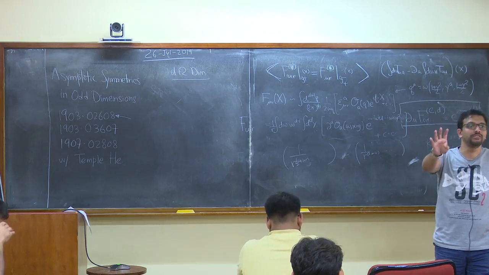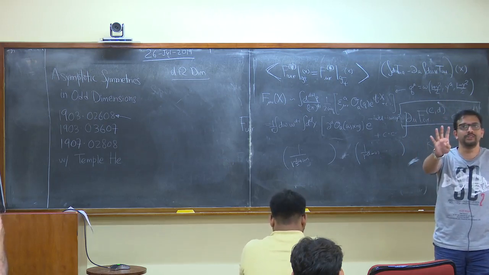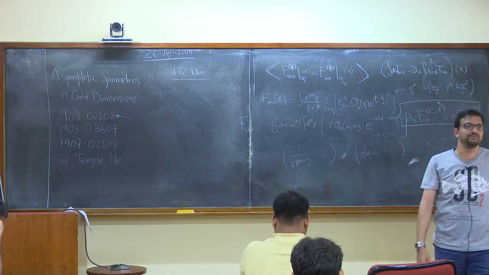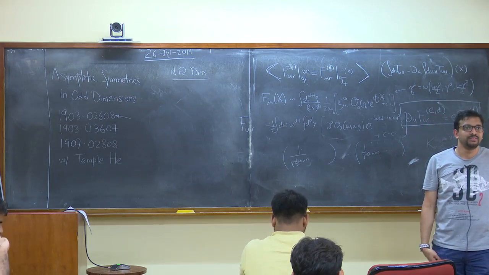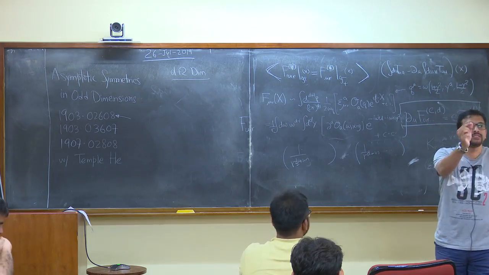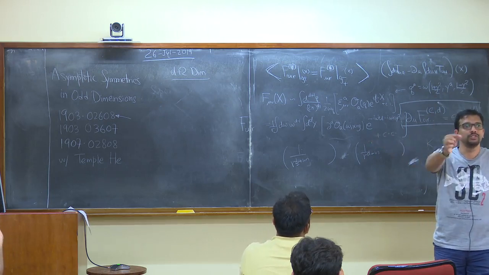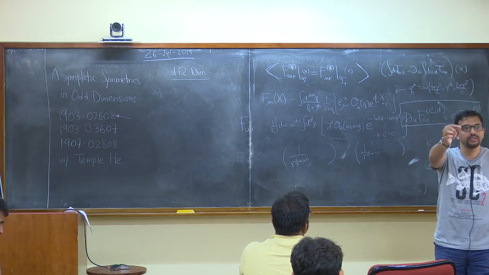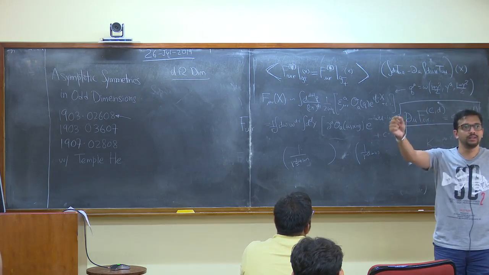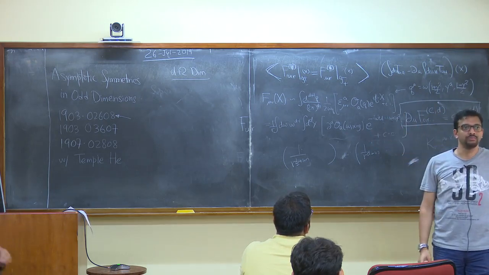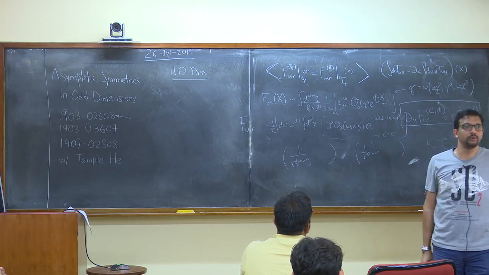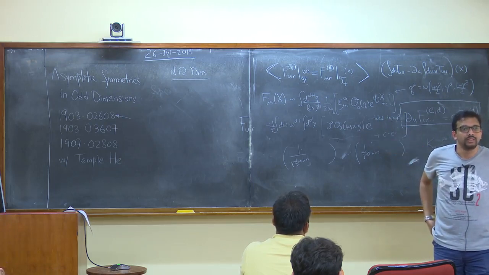So in 4 dimensions, you will get K0. And you don't get just one Bessel function. The point I'm trying to make is that you get a whole series of Bessel functions with order d over 2 minus 1 plus n, where n is a non-negative integer. So you get this whole sum.